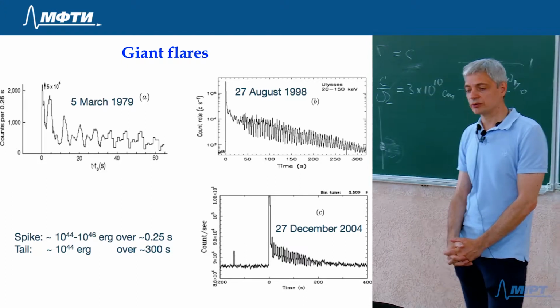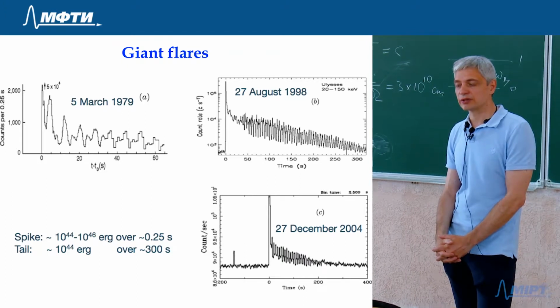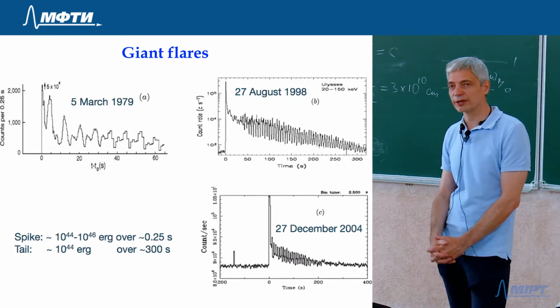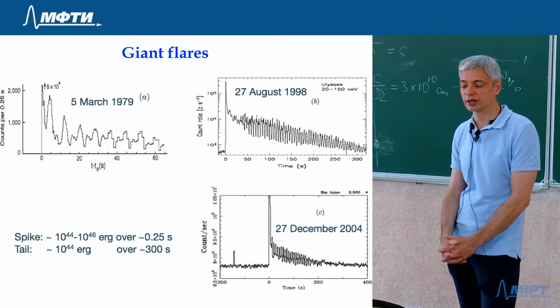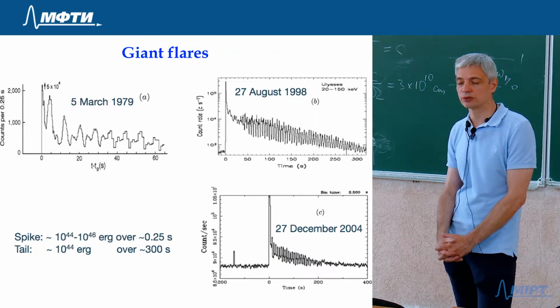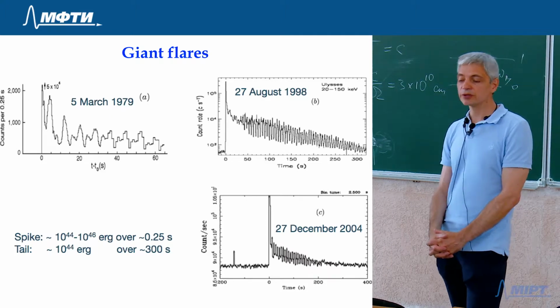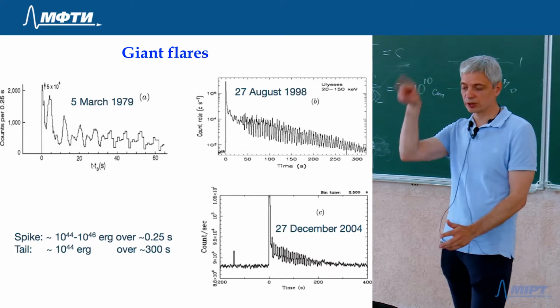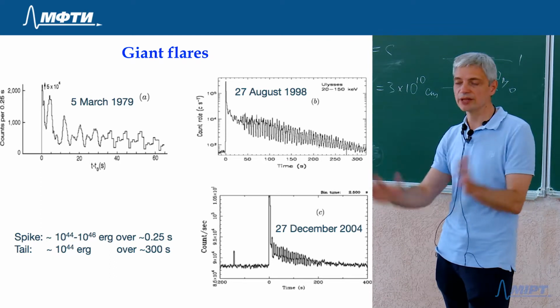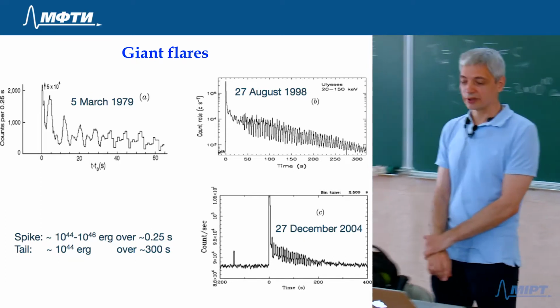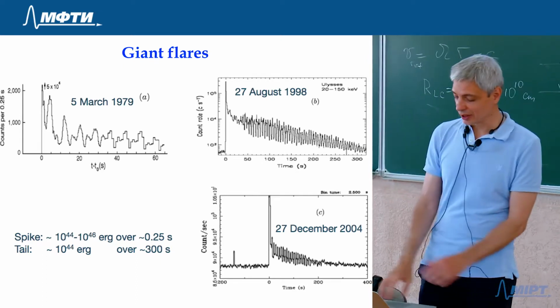And here you see amazing regularity in these flares. So they do always the same thing. They have a very bright spike lasting 0.5 seconds, which can go up to 10 to the 47 in luminosity. And then there is a tail, rotationally modulated tail lasting 6 minutes. Pretty amazing. And the question is why? Why is there a tail? Why is there a spike?